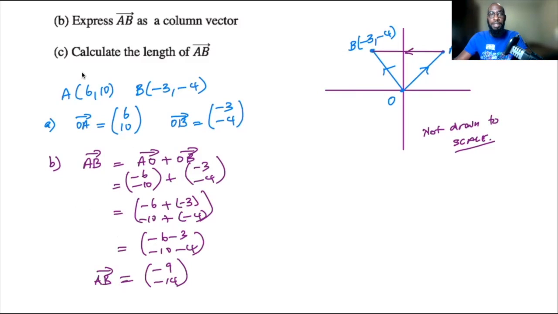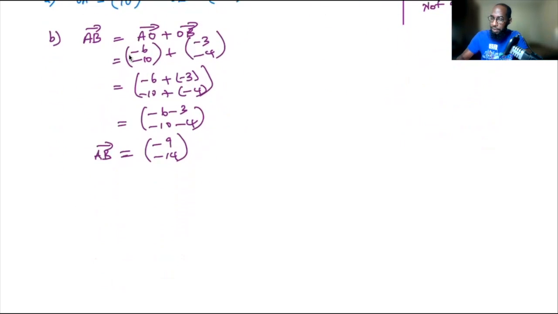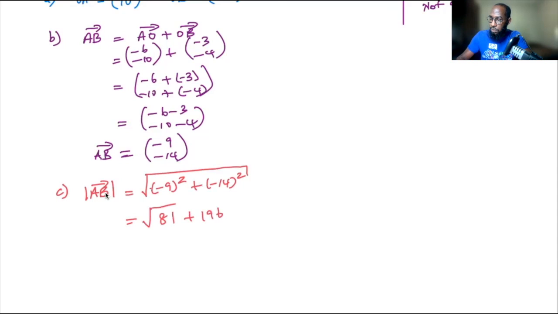Let's look at part C. Part C asks us to calculate the length of AB. This is what we write to calculate the length of AB. That is equal to the square root of 81 plus 196, which is the square root of 277.